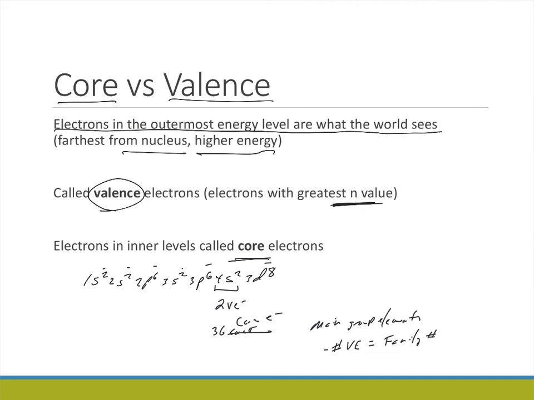For group 2, there's 2 valence electrons. For group 3A, 4A, 5A, 6A, 7A, 8A, it's just the family number to tell you the total number of valence electrons. We will see in later chapters that valence electrons are really important because that is what the world sees. This is what is going to be used in bonding.